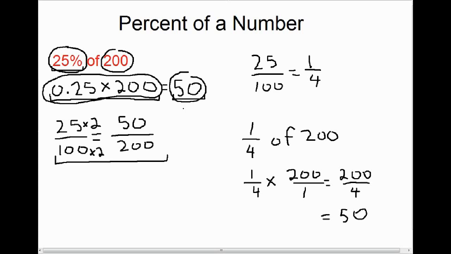But understanding that what we're really looking for here, when we're looking for 25% of 200, is an equivalent fraction. 25 out of 100 is the same as something out of 200. And with this one, it's a little bit quicker to realize, well, that's 50. You don't necessarily need to go through the step of multiplying 0.25 times 200 to get that.